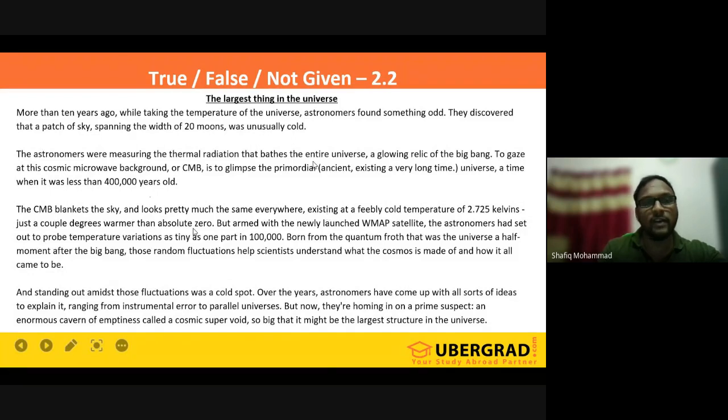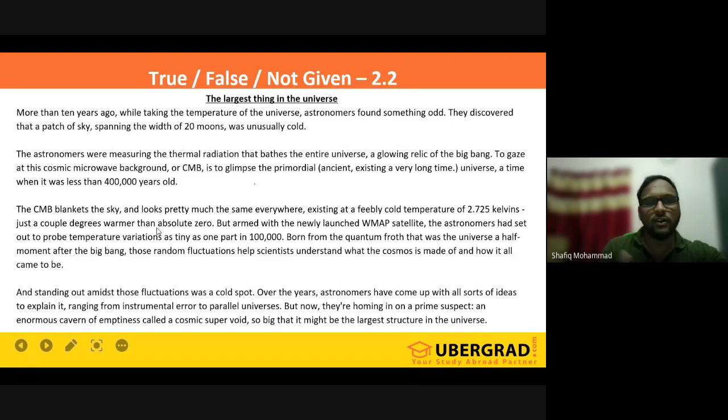Yeah, here in the third paragraph, the CMB blankets the sky and looks pretty much the same everywhere, existing at feebly cold temperatures, just a couple of degrees warmer than absolute zero.